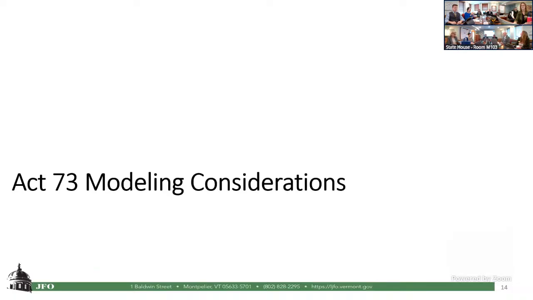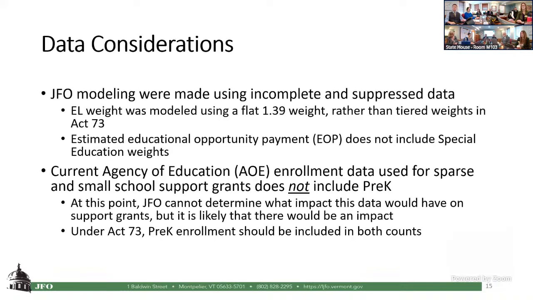Yeah, so I think that's a nice segue into the Act 73 modeling considerations. So there are many considerations that went into this and that we would like to highlight. So first of all, you have some data considerations. The JFO modeling was made using some incomplete and suppressed data. And that's due to the nature of Vermont as a state.